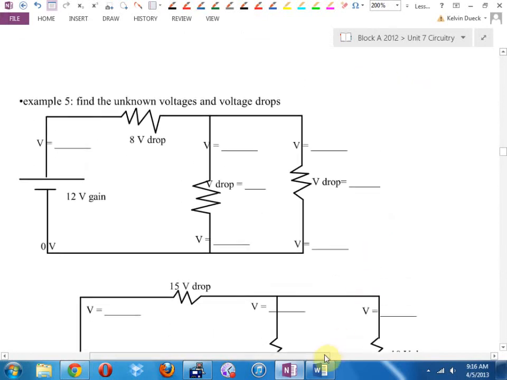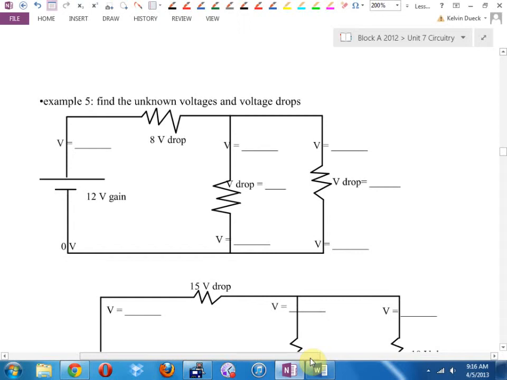Example 5. All right. 12 volts. All of us right now, all of the skiers are skiing together. So they all go through this first resistor. When they go through this first resistor, what's their voltage right here? 4 volts.